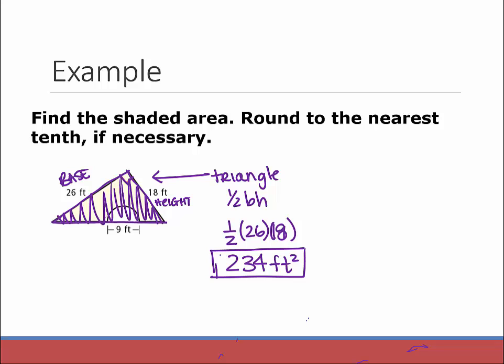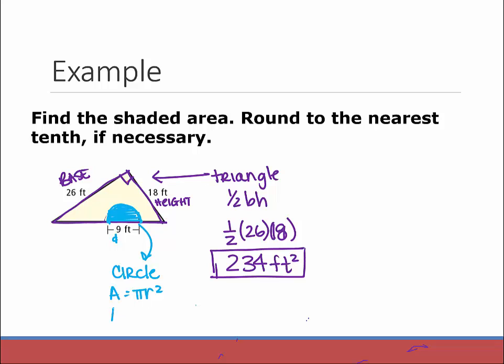Now we do not want that entire triangle. We want to take a bite out of this triangle. Anytime you see a shape like this, assume that this is a circle. It's not a whole circle, it's only half of a circle, but we can still use our circle formula. The area of a circle is pi r squared. Since they tell us this whole distance here, that's our diameter.